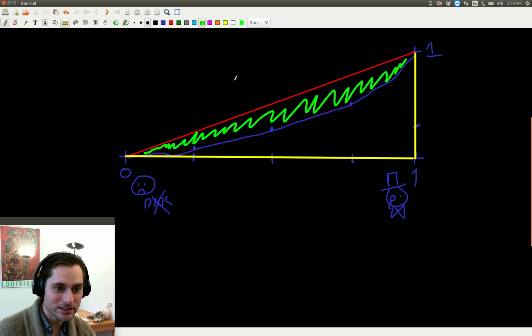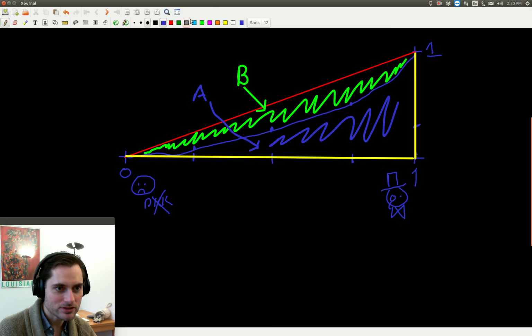This green area here, let's call this area B. And then let's call the blue area, this area down here, A.